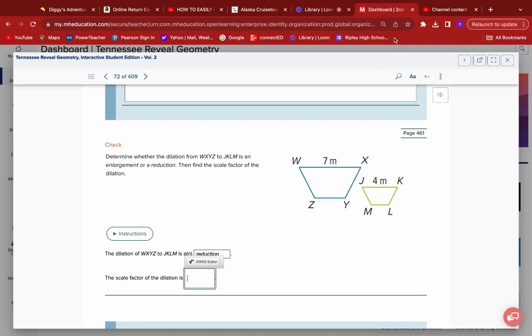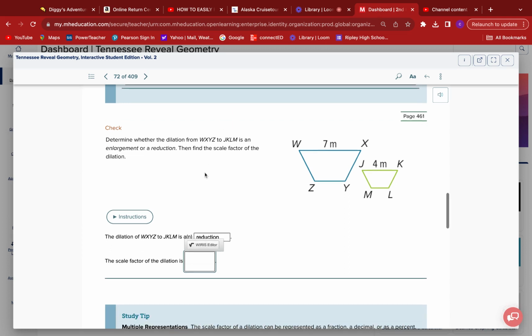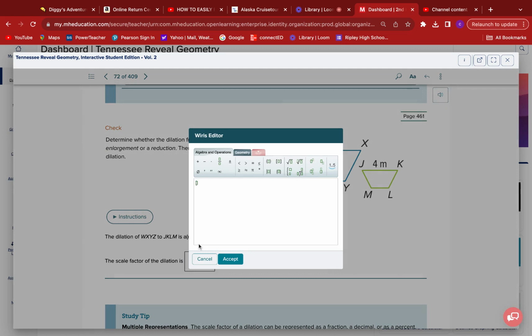Looking at this, typically whatever they say first goes on top, whatever they say second goes on the bottom. This is a reduction, so it's going to have to be a number smaller than 1. So it'd be 4/7.